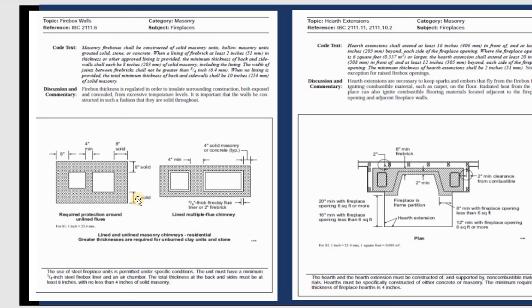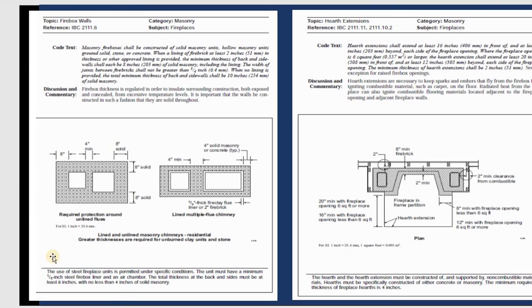The solid one is 8 inches, and after that between them we have 4 inches for the chimney in residential. If you use the shape on the lined multi-flue chimney, you need to have 4 inches solid, and after that between them is 4 inches. It's different from this one. This one we use 8 inches solid, and after that a 4 inch gap between the flues.